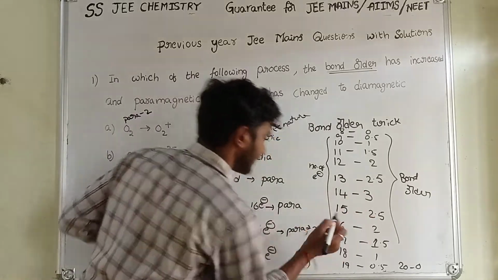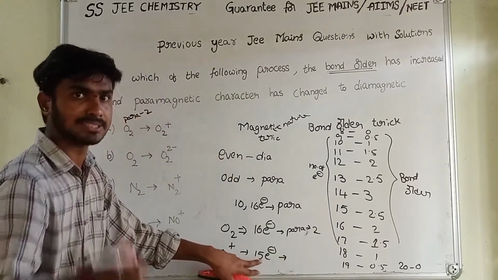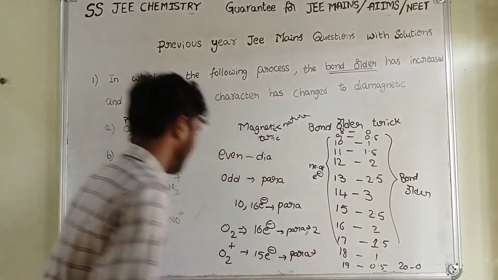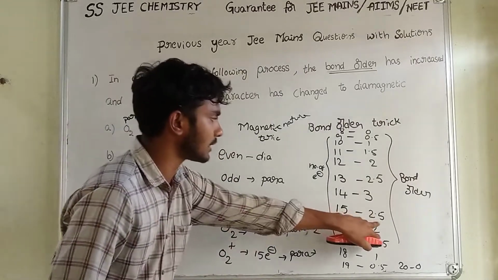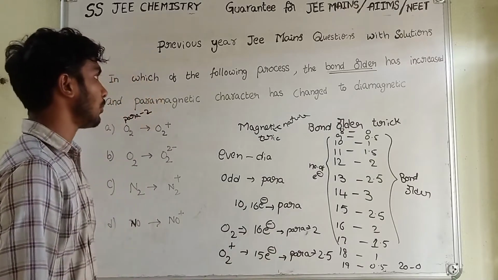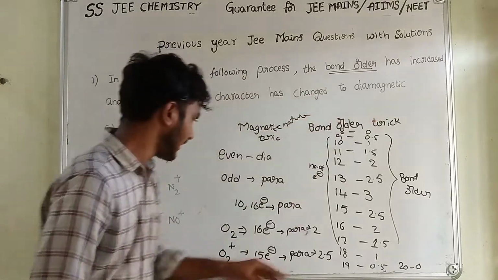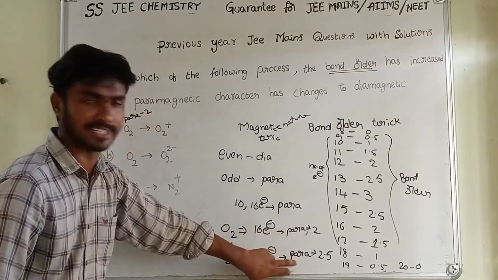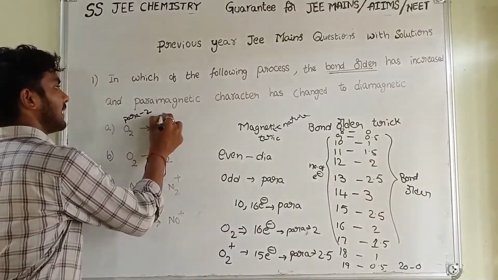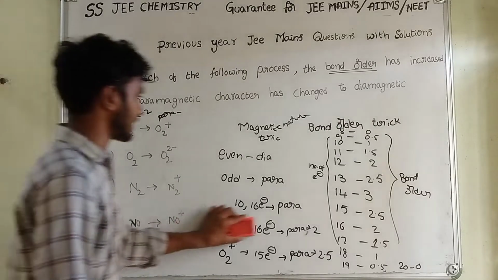O2 plus has 15 electrons, an odd number, so paramagnetic nature, and for 15 electrons the bond order is 2.5. The question needs paramagnetic to convert to diamagnetic, but here both are paramagnetic, para to para. So this is not correct.